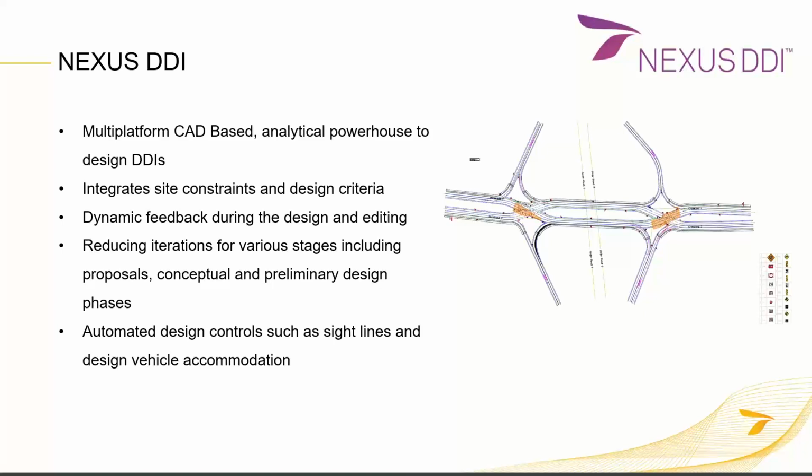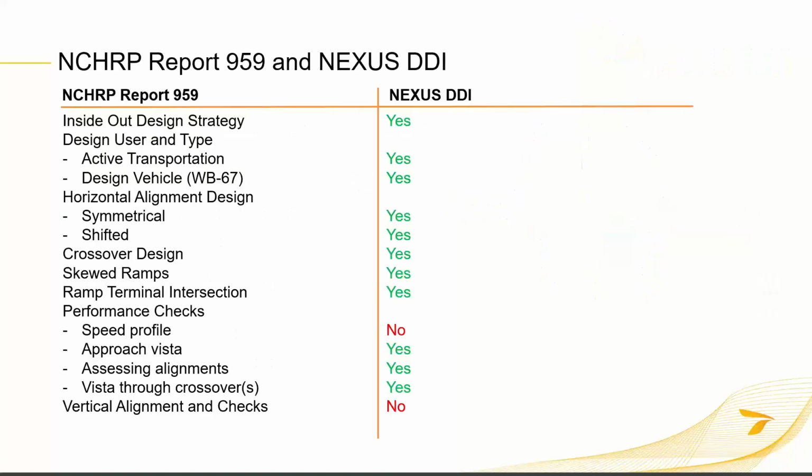And also, the design controls such as sightlines and design vehicle accommodation are automated and dynamically integrated within the software. We talked about several aspects, or highlights, of NCHRP Report 959. I have summarized that, and as you can see, the NEXUS DDI current version, and we're working on new versions, adopts most, if not all of it.